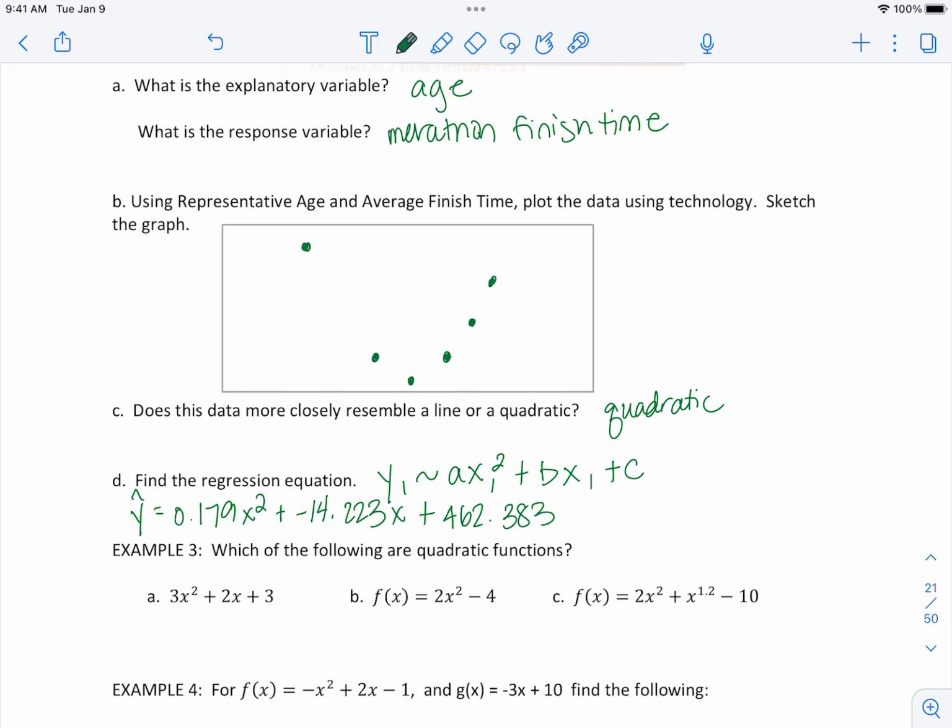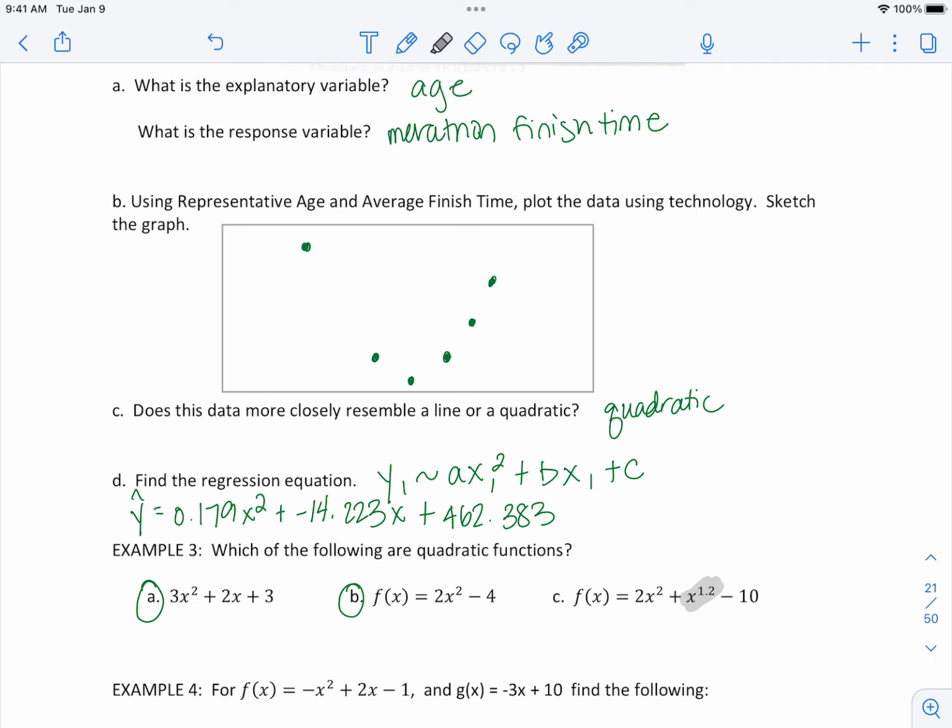All right, our next question asks, which of the following are quadratic functions? And so quadratic function, remember, is anything where we have the x squared in it. So we have A is a quadratic function, B is a quadratic function, C, we do have 2x squared, but we also have this x to the 1.2 power.